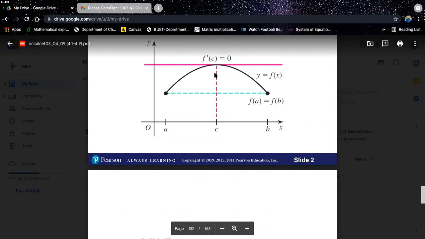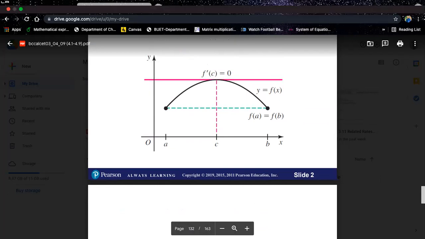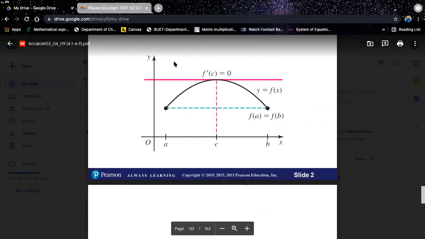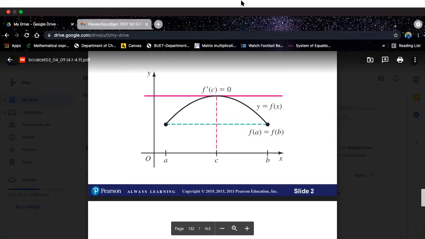Do you agree? Just take your time, okay? Does it actually make sense? Take your time, okay? You don't need to memorize it. If you just understand what's going on, you don't need to memorize it.